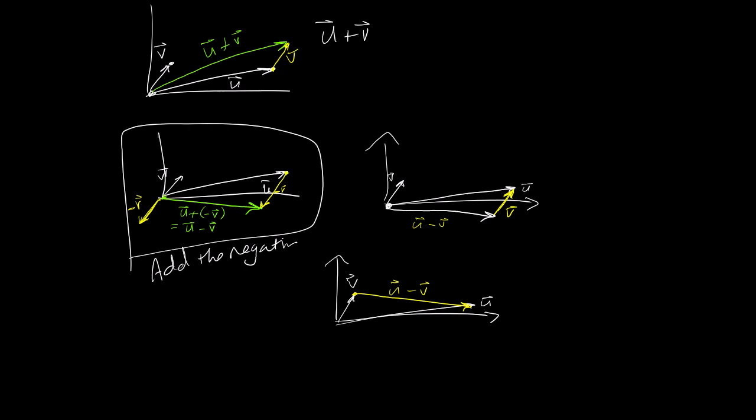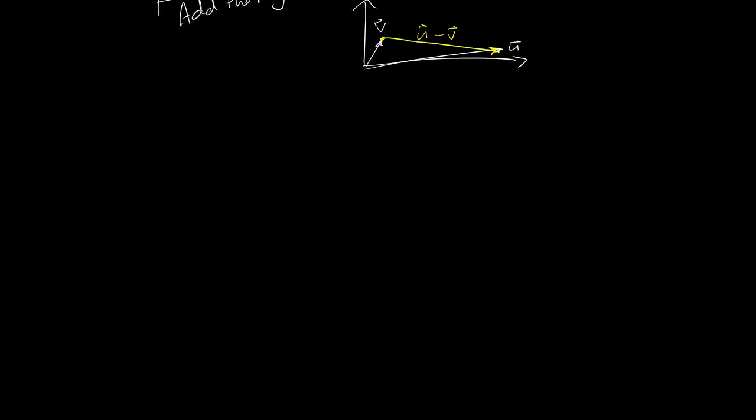All right, a few more properties of vectors. We're using the same u, v, c, and d here. If I have vector u plus vector v, that is the same as vector v plus vector u, right? So addition of vectors is commutative. It's also associative.